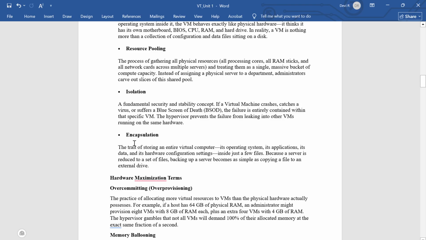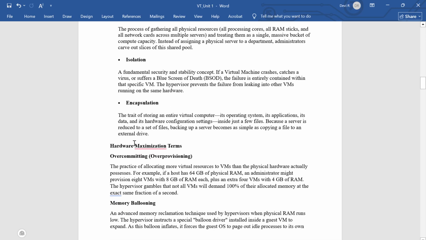And next comes encapsulation. Already I told you about encapsulation, because we are going to create the files as well as the configuration details as a file, and that is going to depend on the particular VM. So it is the practice of storing an entire virtual computer, its operating system, its applications, its data, and its hardware configuration settings inside just a few files.